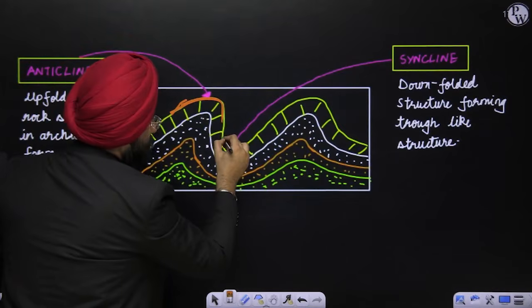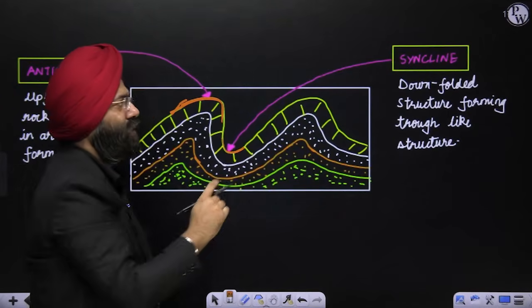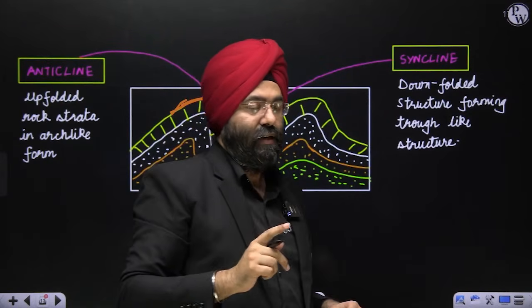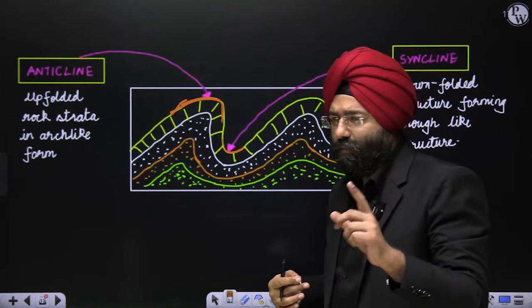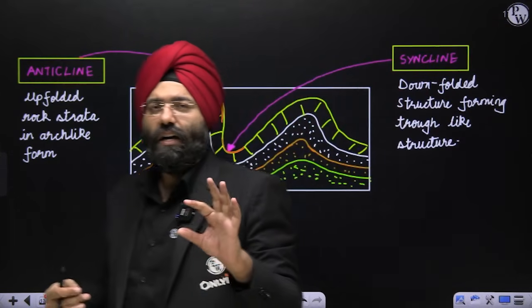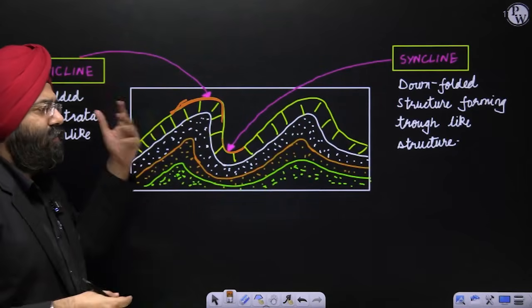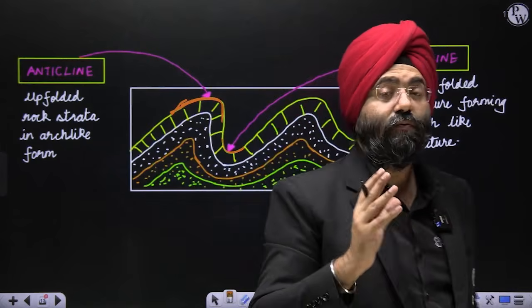The one which is downfolded, like a trough, is known as syncline. Always remember this, because this is very, very important. This has been asked in your preliminary examination multiple times, and in the PCS examination almost every alternate year they ask this question, because this is one of the basic concepts of the geomorphic processes associated with folding.